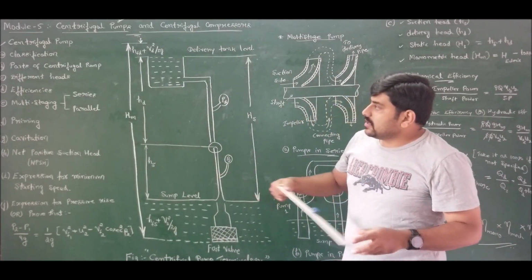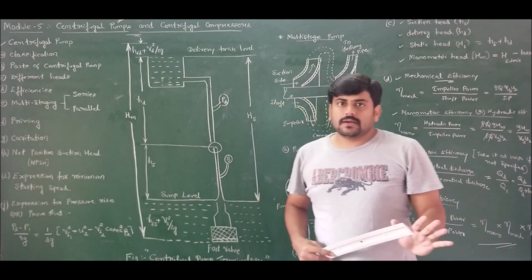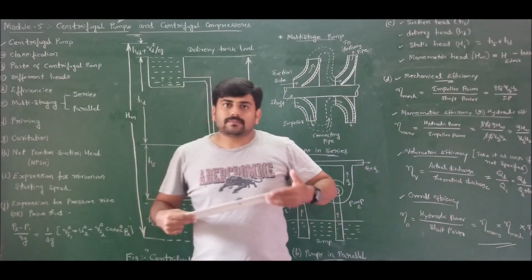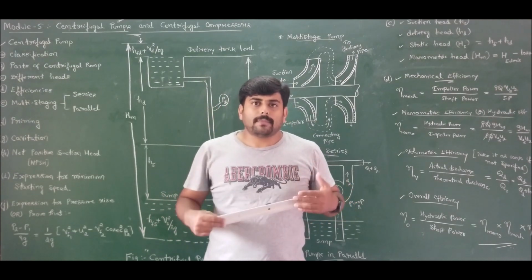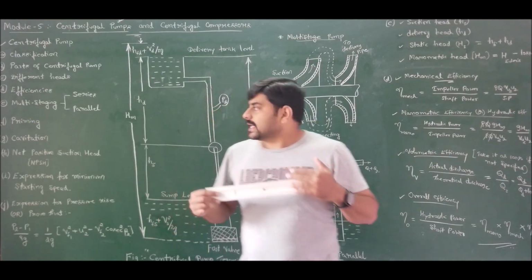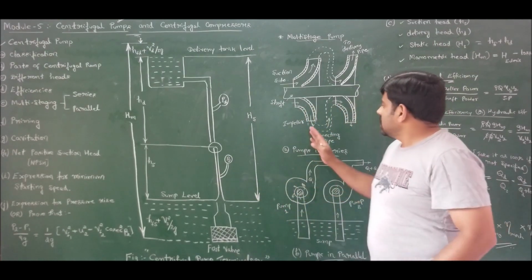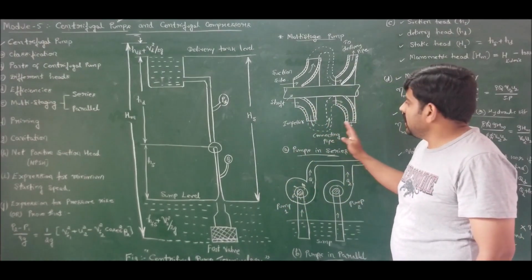Now, moving next to multi-staging. Multi-staging is nothing but using multiple pumps connected in series or parallel. If I connect multiple pumps in series, then I will get larger head. Head developed will be high.